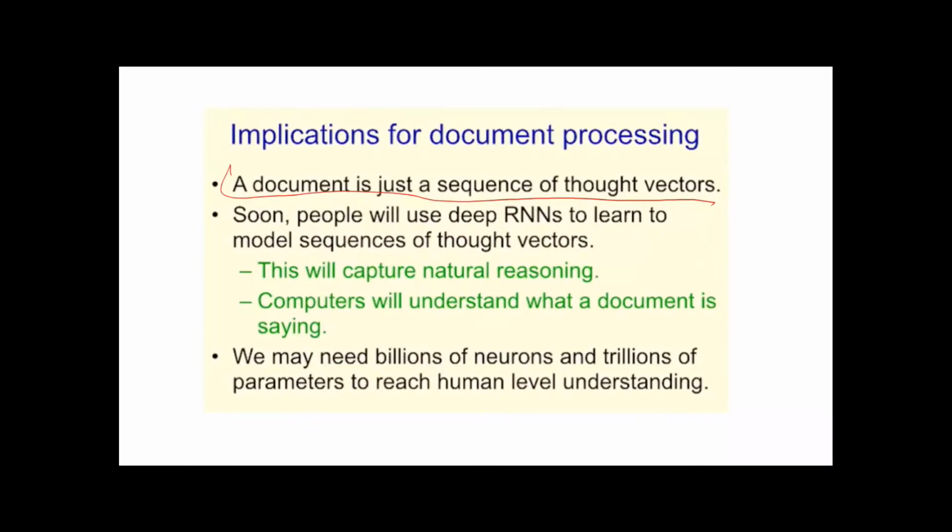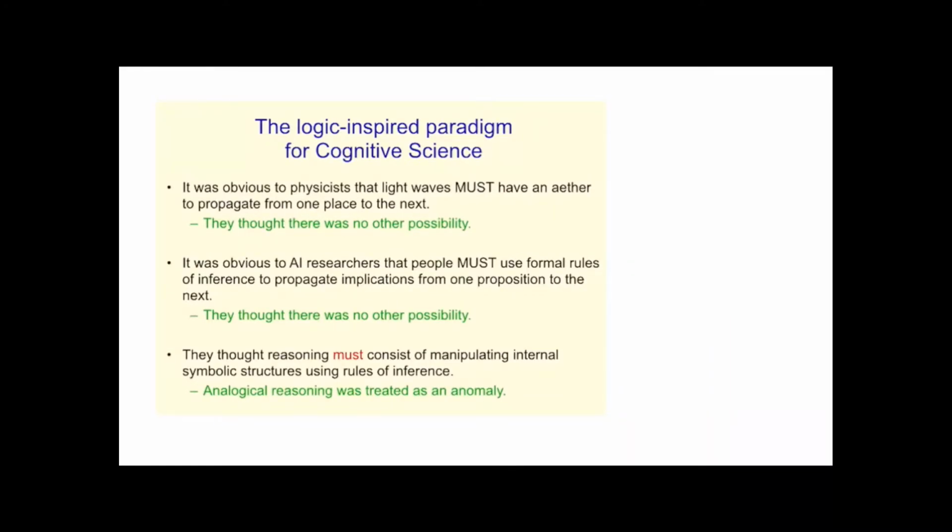And this, in the end, will capture natural reasoning. Computers will understand what a document is saying. Now, we need billions of neurons and trillions of parameters to reach human level of understanding. We are not there at this point, but that is the direction things are going.